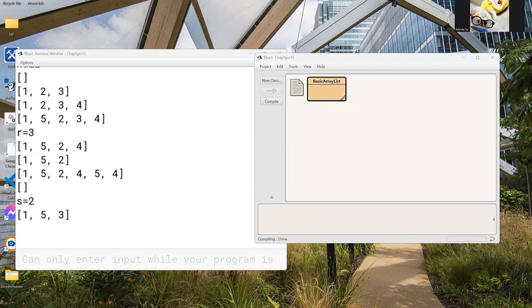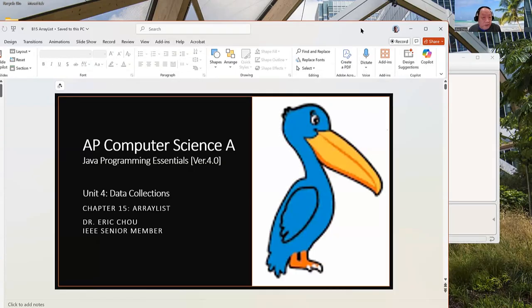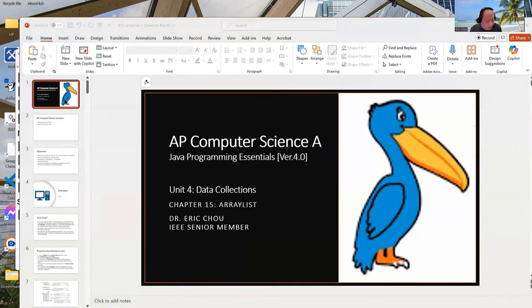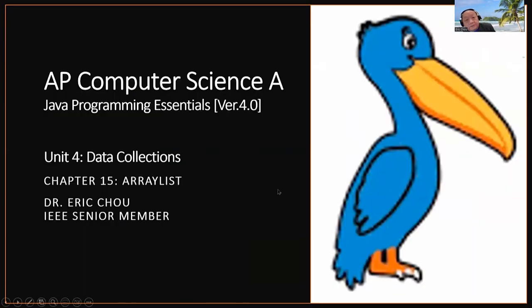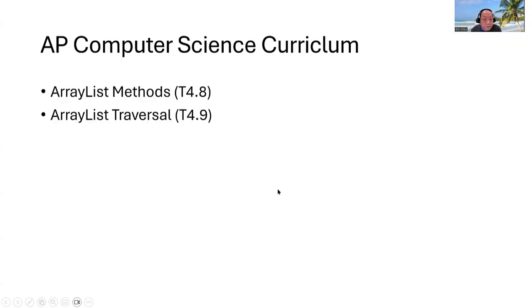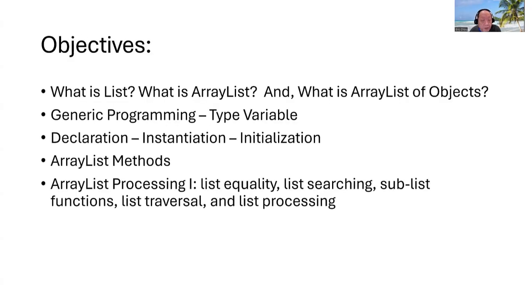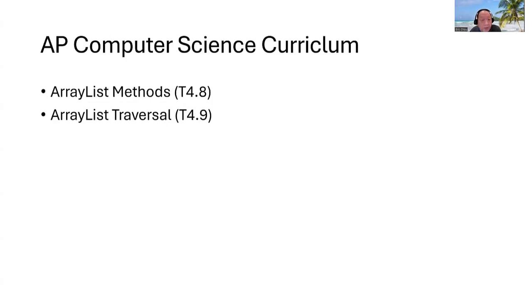No. Let's continue. Let's actually go back to the slices. We'll go through the slices for the basic part. So this basic array list is actually one of the very important topics in AP ComSci.